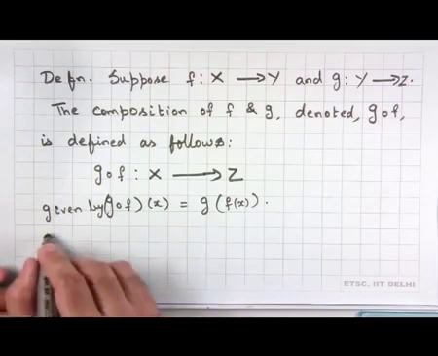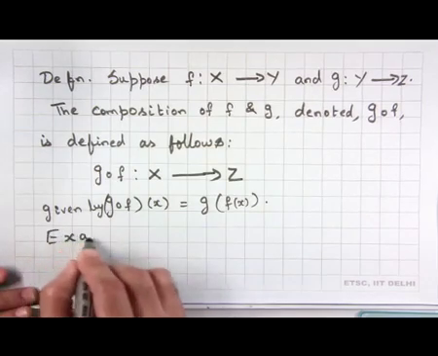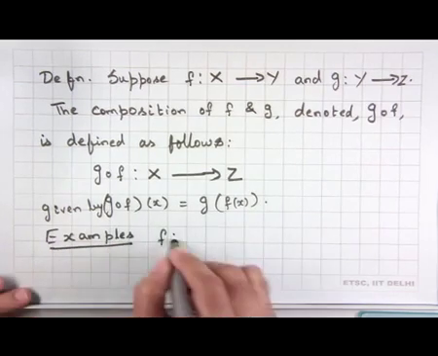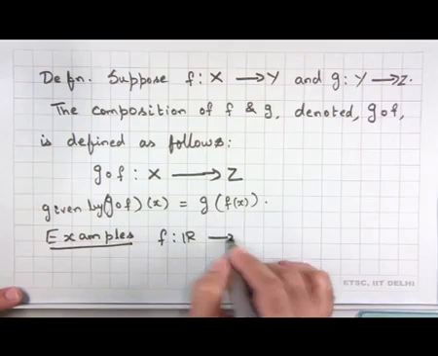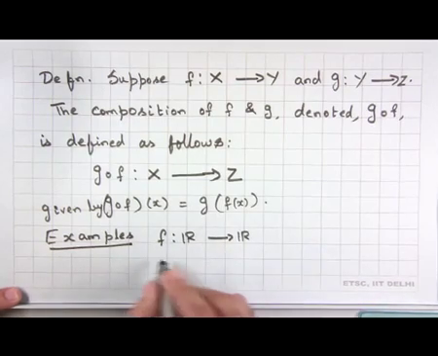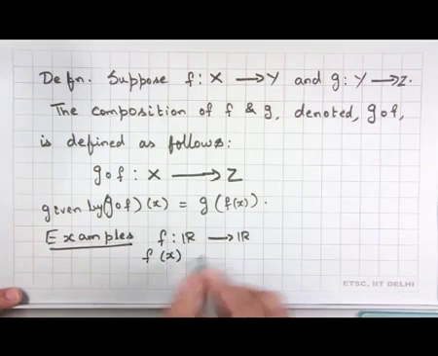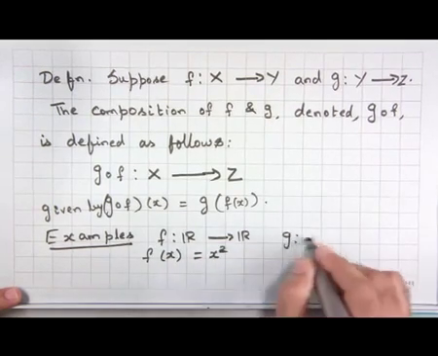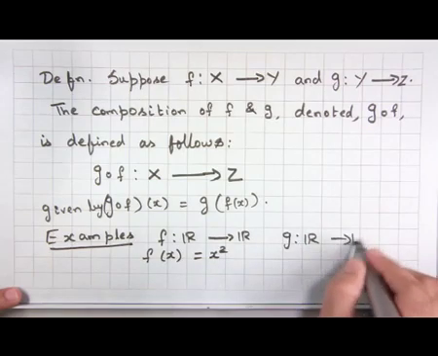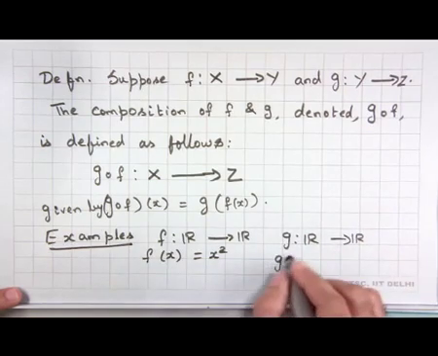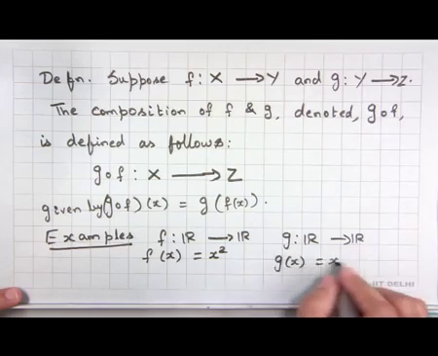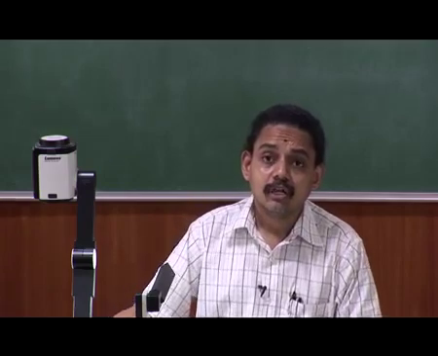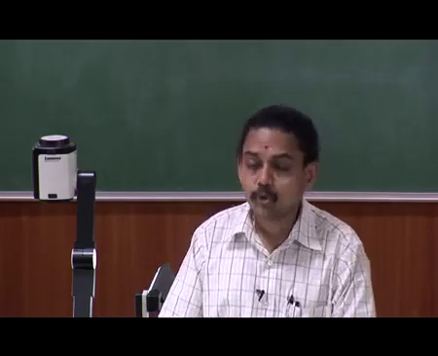Now, let us look at some examples for composition of functions. Let us look at the function f from R to R given by f x equal to x square and another function g from R to R given by g x equal to x cube. Let us try to compute f composed with g and g composed with f.